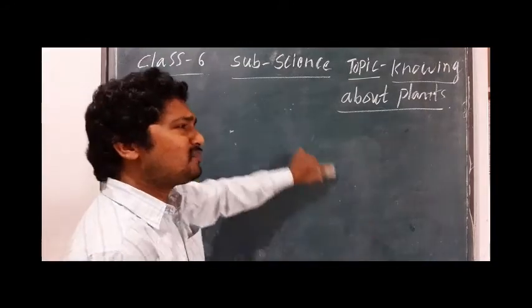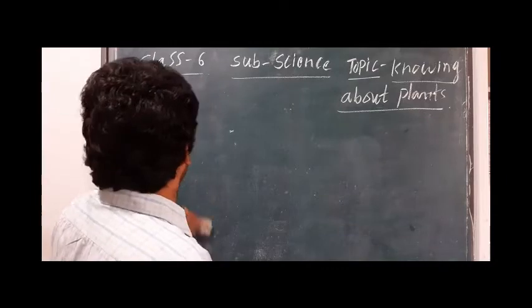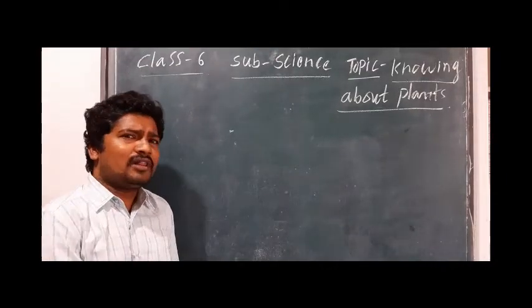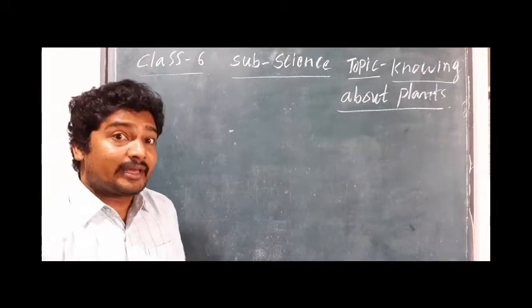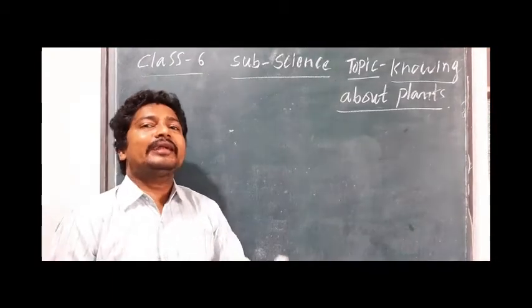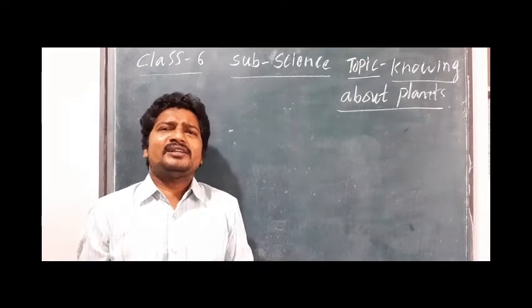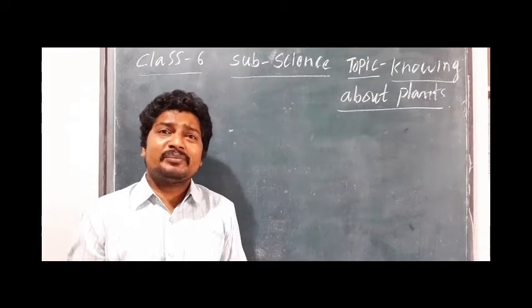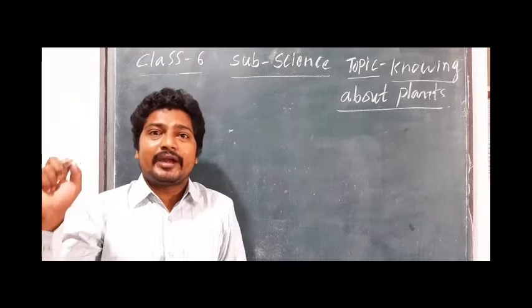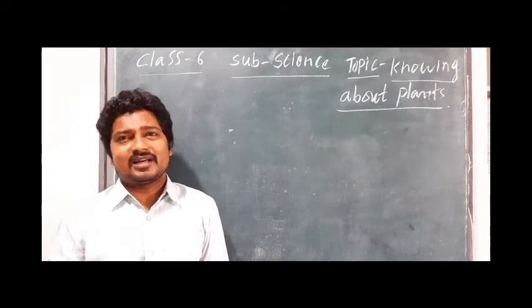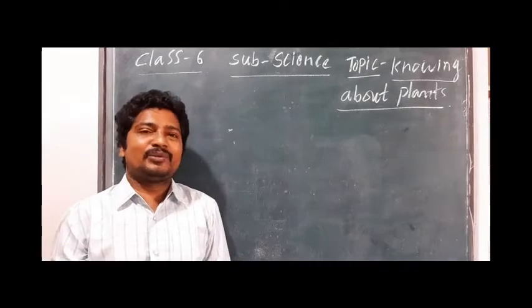Plants are very useful in our life. Are all plants useful? Yes, whether directly or indirectly. Not all plants are edible. What is the meaning of edible? Edible is eatable. Not all plant parts are eatable.